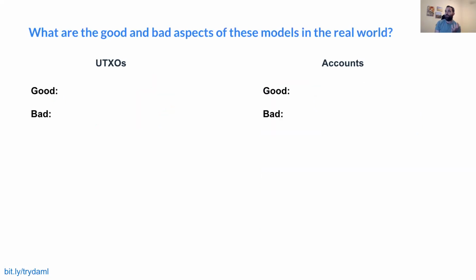And so there are good and bad aspects of these models in the real world. On the good side for UTXOs, you get a high degree of privacy, you have a high degree of fungibility, and you have easy guarantees that once something is transacted, there's no going back on it.